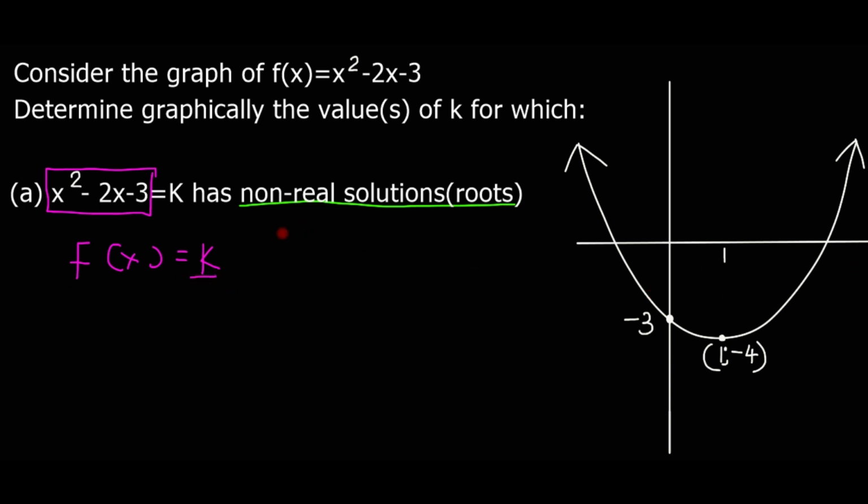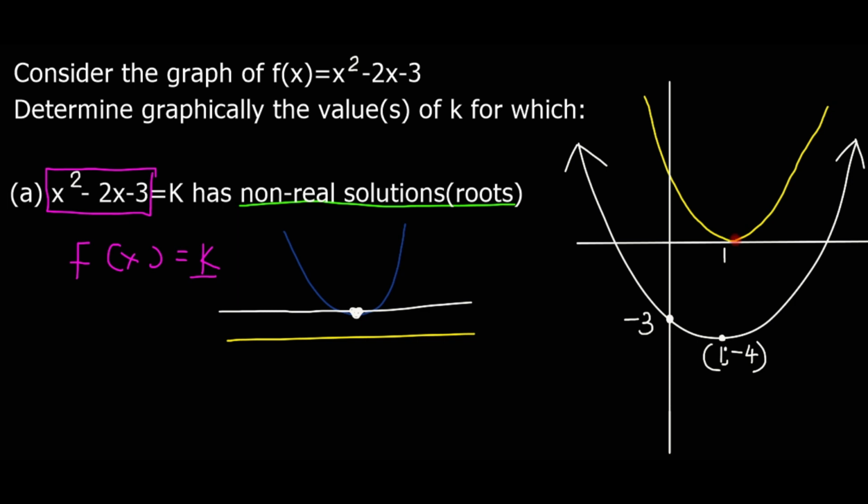For equal solutions, the horizontal line must touch this graph at one point. And then for non-real solutions it will be below, because remember equal solutions touch at one point. And for non-real, no x-axis touches this graph, this graph will have no x-intercepts.